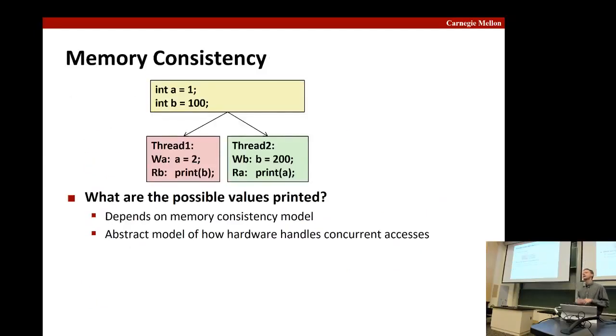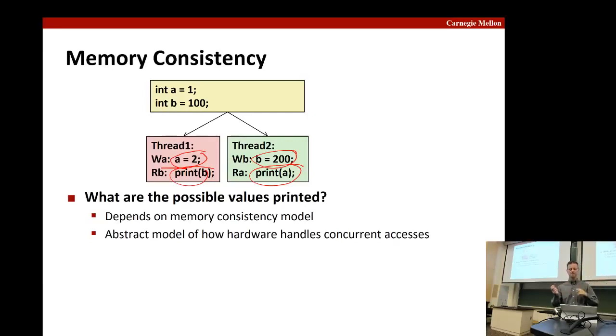Given that we have these different threads and they're all accessing the same main memory, within the same address space, there's a notion of memory consistency. If I have multiple threads that are each updating memory and each reading memory, and there was no coordination going on, there would be a jumbled mess.